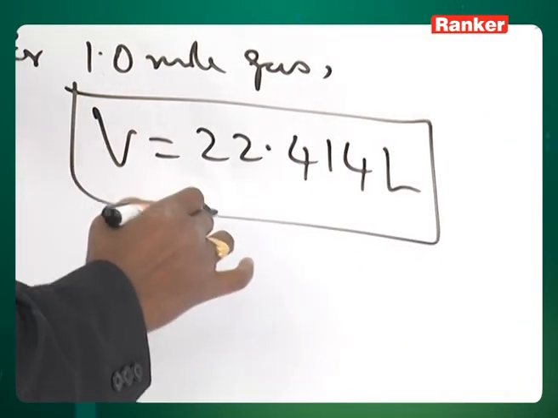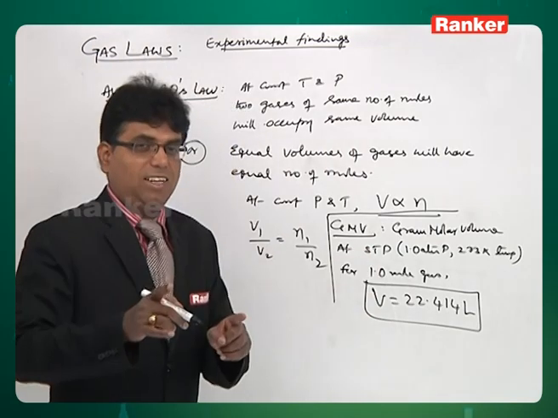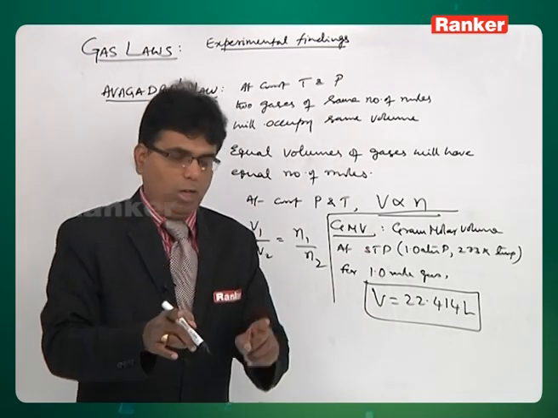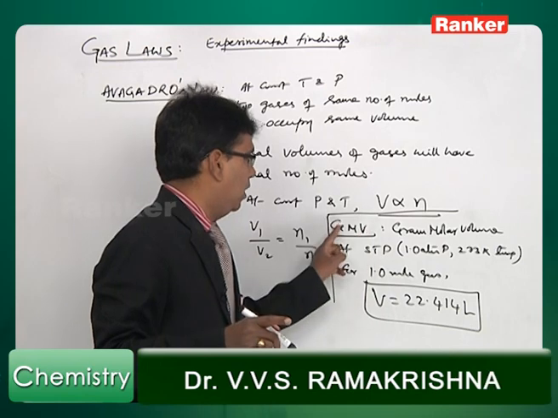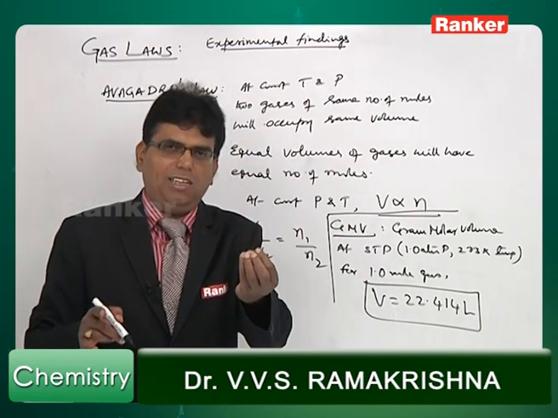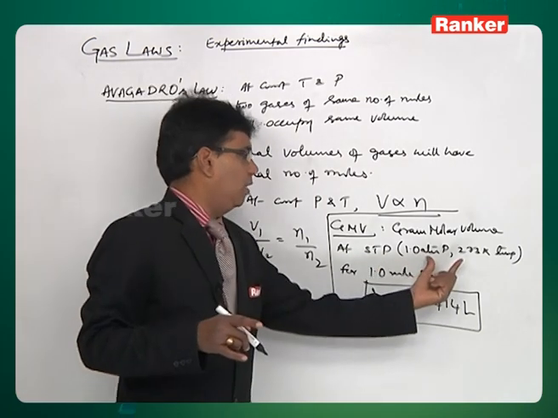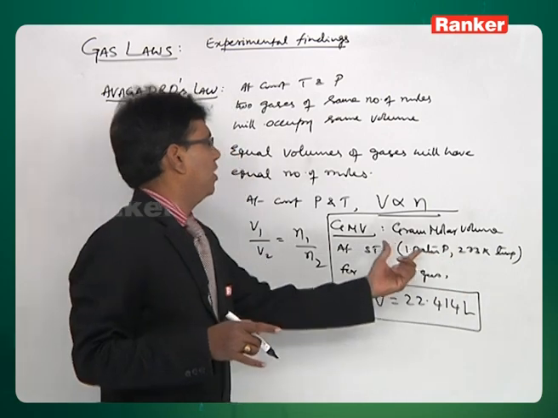This 22.414 is what we call gram molar volume. It is the volume occupied by 1 gram mole, meaning Avogadro number of particles or weight equal to gram molecular weight, at 1 atmospheric pressure and 273 Kelvin.